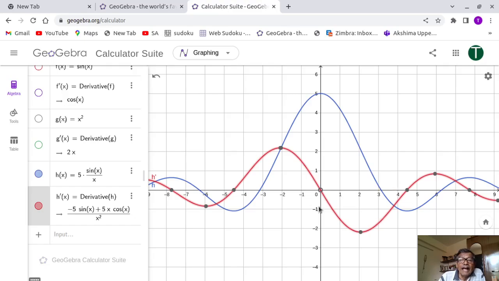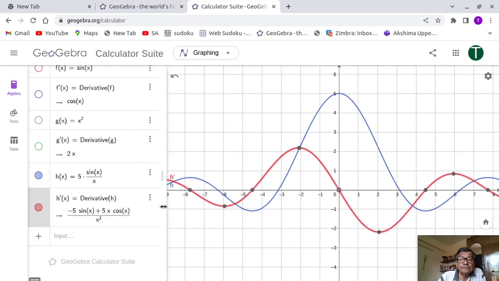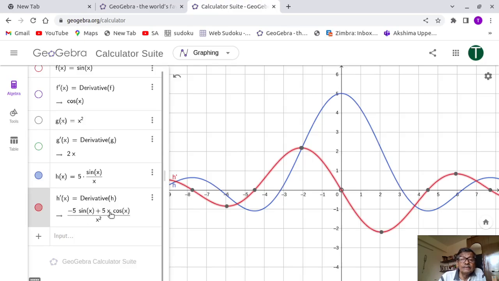Clear? So derivative of this function, also it writes down its equation. This red colored curve is the derivative of this function. Clear? You take the differentiation, you will land up with this, and this will be the curve. Clear?